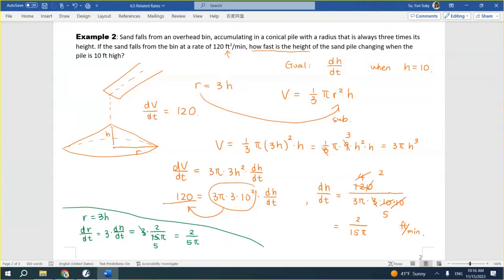And what's the derivative of h cubed? 3h squared, right? And you multiply by the h prime. So all the variables, when you differentiate with respect to t, you multiply by d of that variable dt because of the chain rule. If you differentiate V with respect to V, you get 1, right?